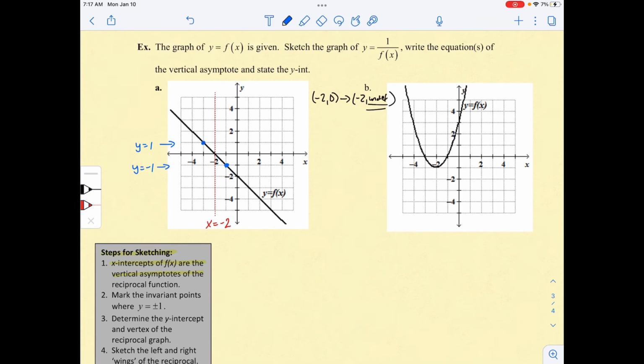Now I just have to think: the small y values between 0 and -1 become large y values in absolute value, and the larger values become smaller values. I could label a few of them, or I can just think that through.